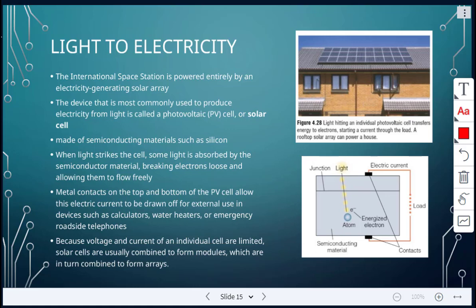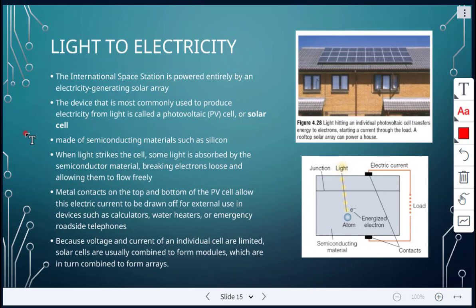For example, the International Space Station is powered entirely by electricity generating solar arrays. The most common device used to produce electricity from light is called a solar cell or a photovoltaic cell, a PV cell. They're made of semiconducting materials like silicon.